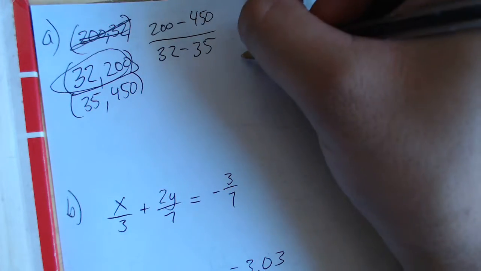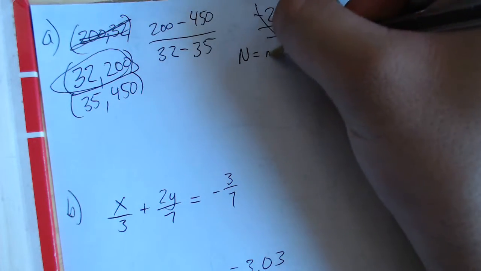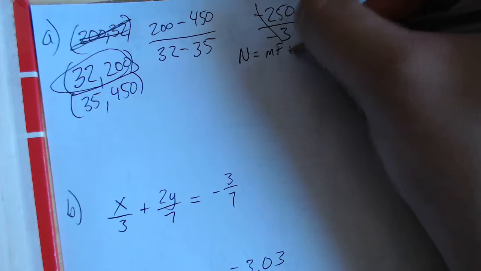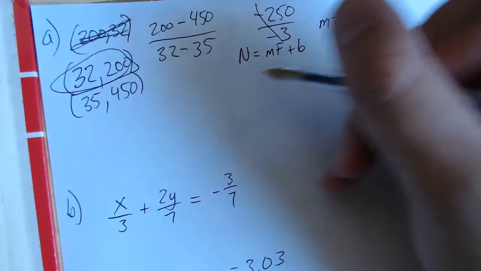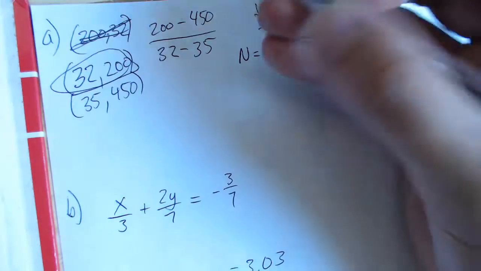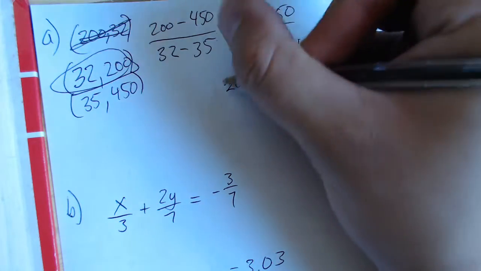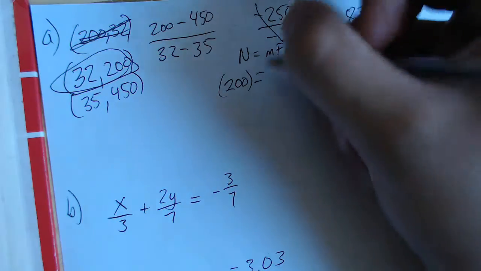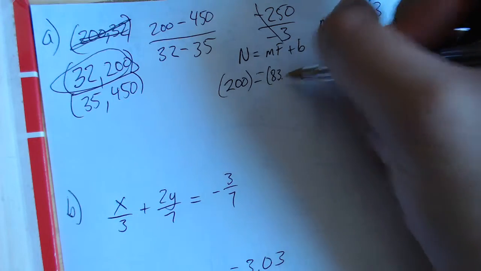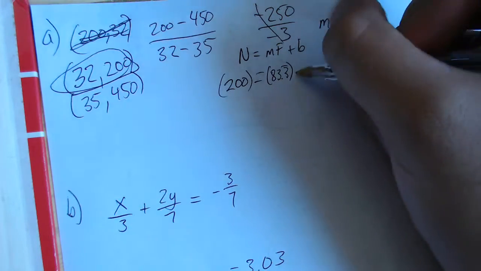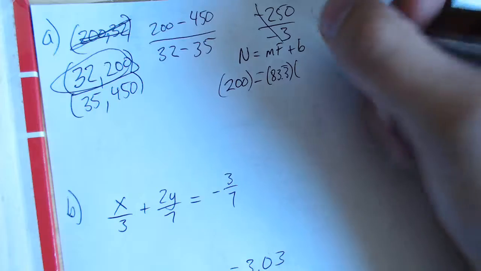So the equation, if you remember, is nitrogen equals slope times fluorine plus b. So I'll be plugging in the nitrogen value, which would be the y of 200. I'll be plugging in the slope of 83.3 with a line over it, times the fluorine value of 32.